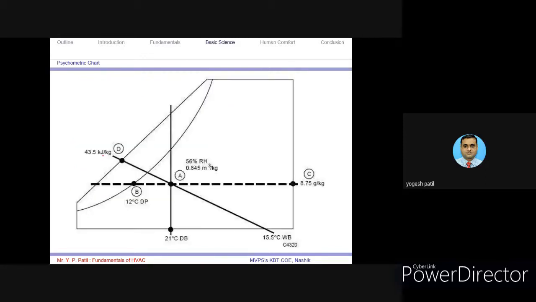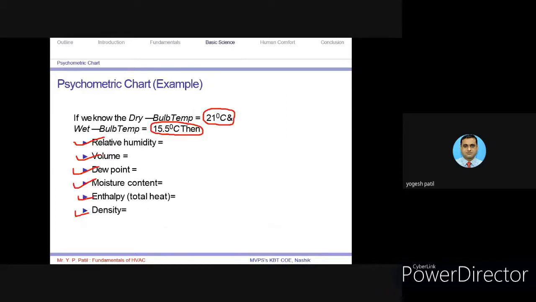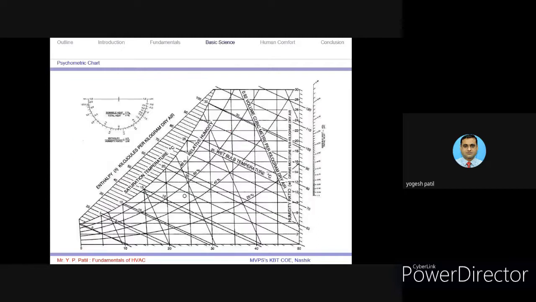We have to mark, as the very first step, the two parameters given: dry bulb and wet bulb. We first mark the dry bulb temperature line. In this chart, the vertical lines describe the dry bulb temperature.